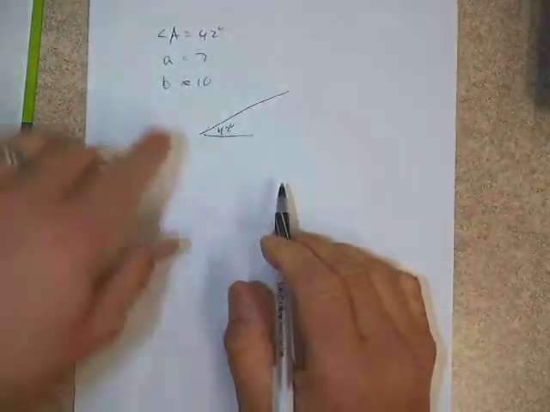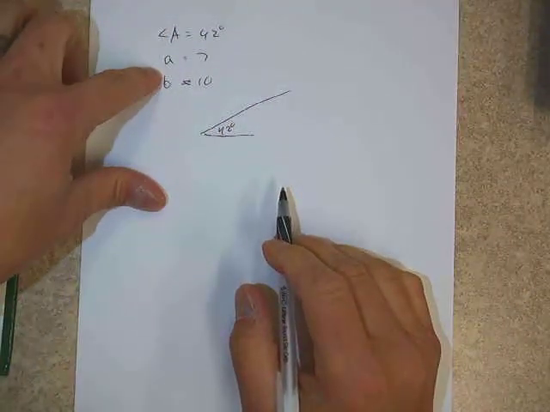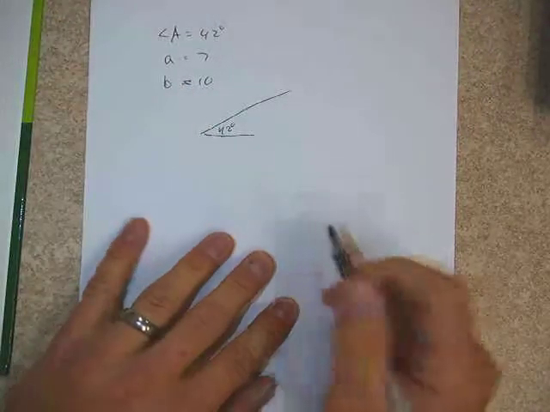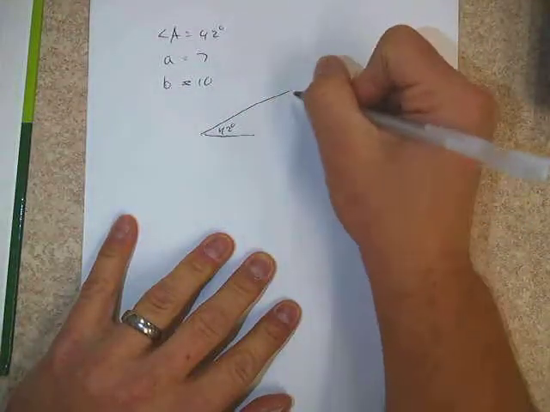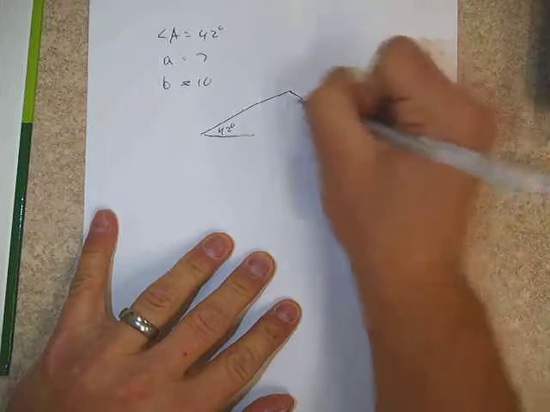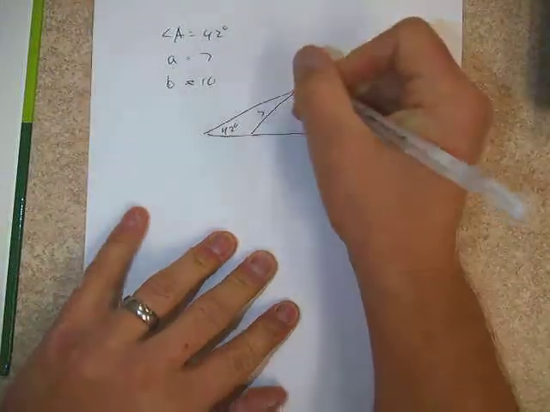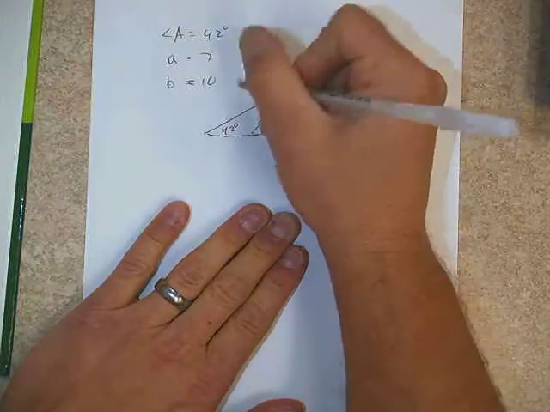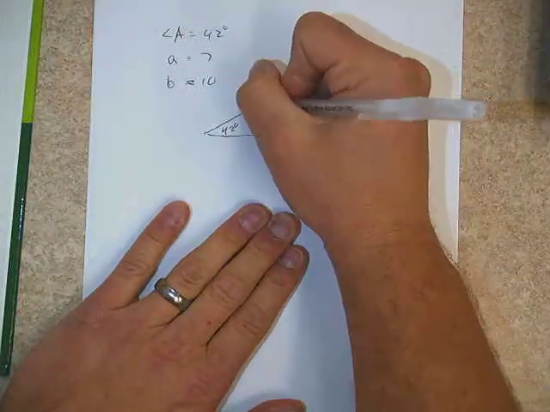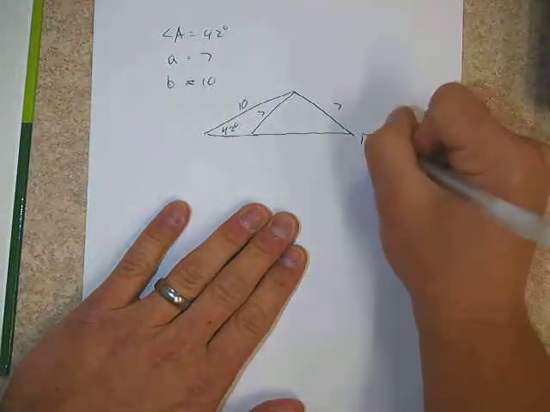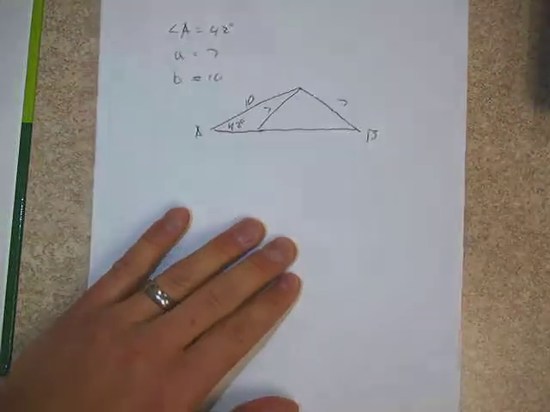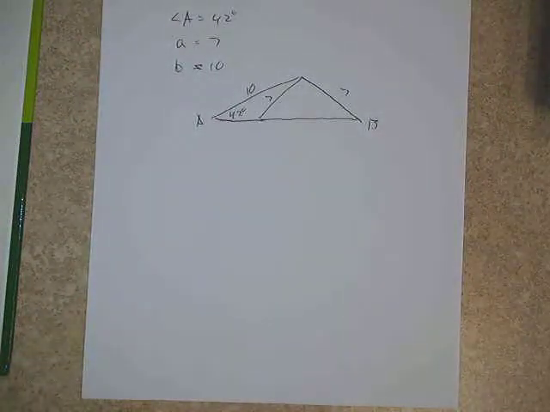If we were to draw that angle situation, 42 degrees, recognize that it's not the angle in between A and B, so that means it's a side-side-angle situation. So that means that we could have a 7 over here, or we could have a 7 right here. So it's the ambiguous case. And with B being 10, here's our B, here's our A.